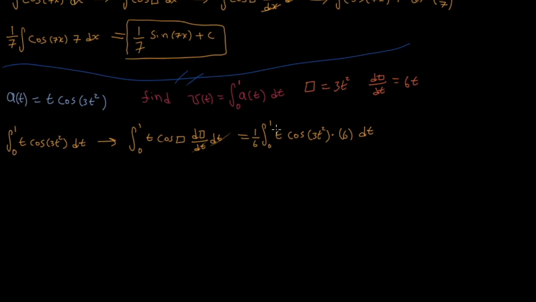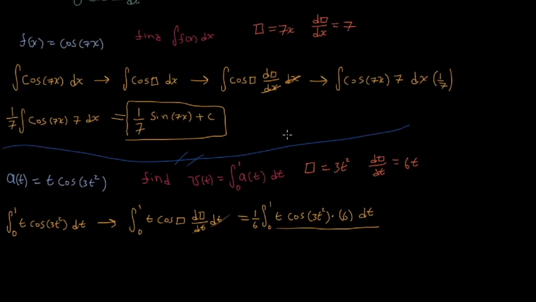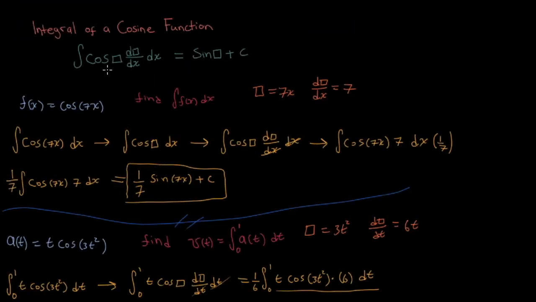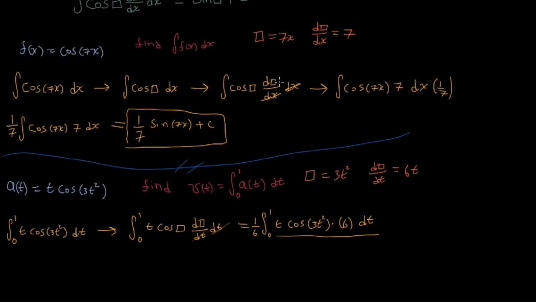So now this entire expression is still the same as this. We're still asking for the same thing. But on top of that, this is in a form where we can actually integrate it. If we scrolled up, you can see that it's in this form here. So now that it's in this form, we can directly convert the entire integral to sine of our placeholder plus c.